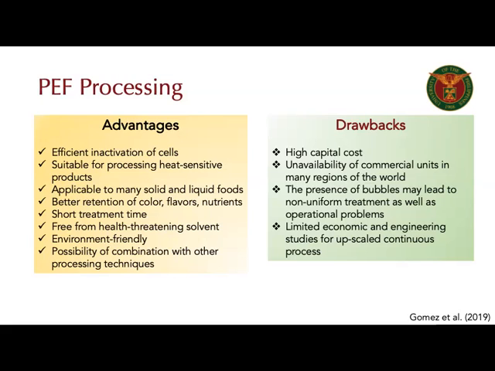It can be used for many solid and liquid foods. It allows better retention of color, flavors, and nutrients. It has very short treatment time. It is free from health-threatening solvent because you can just use a simple buffer or water as your conducting medium. It is environment friendly.